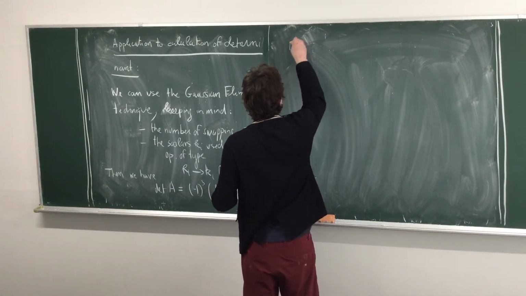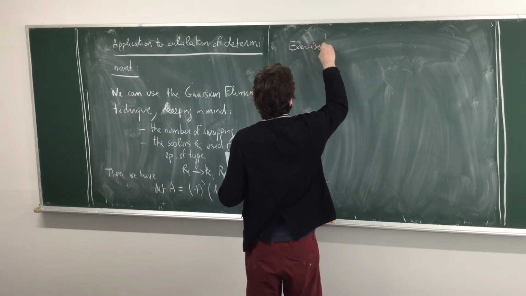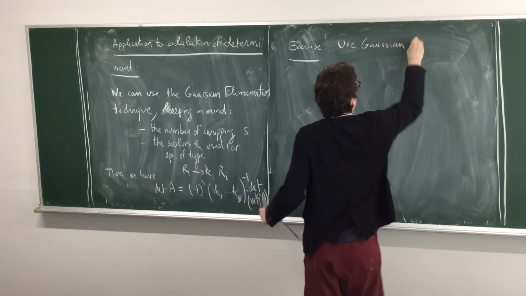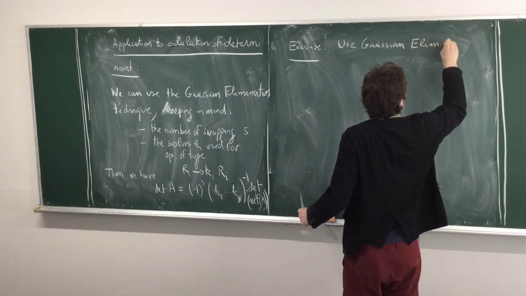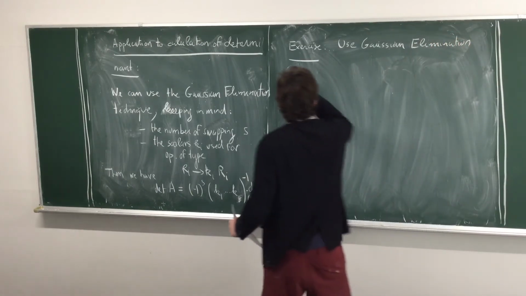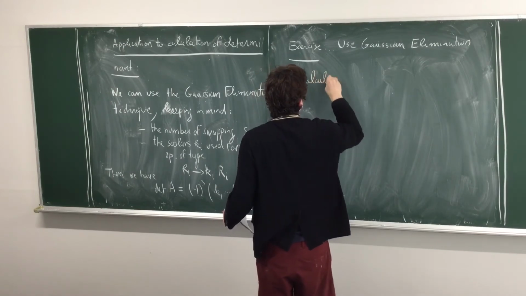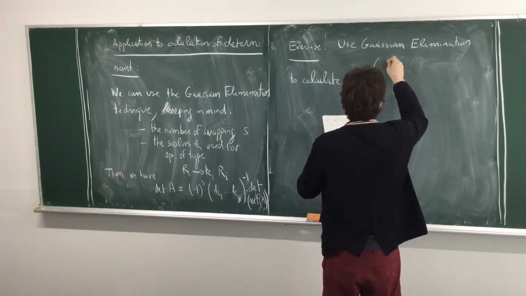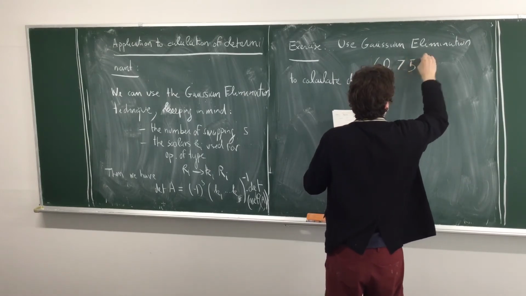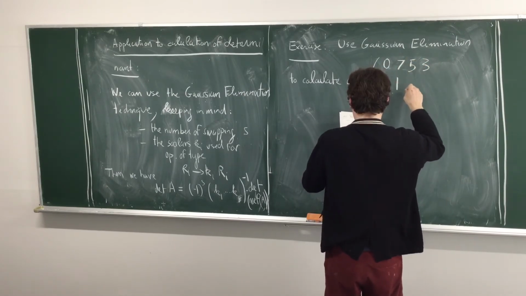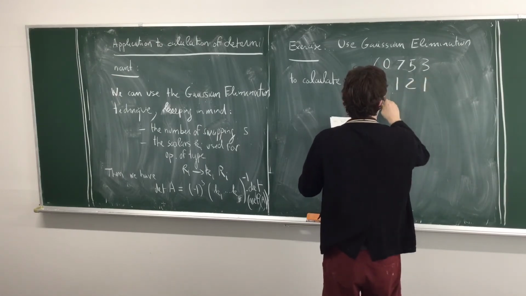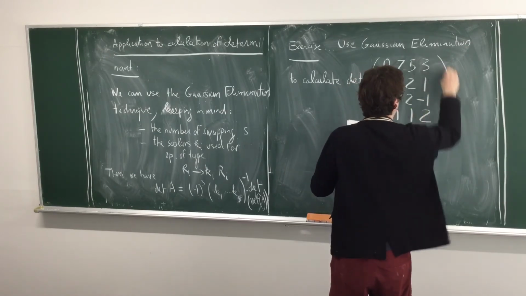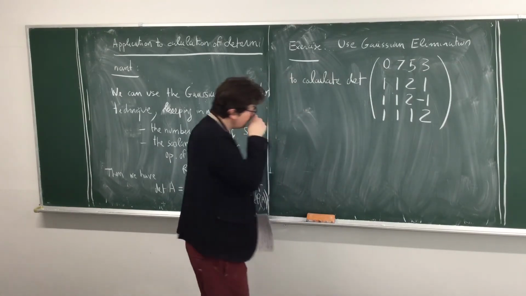Exercise: use Gaussian elimination to calculate the determinant of the following matrix: 0, 7, 5, 3, 1, 1, 2, 1, 1, 1, 2, -1, 1, 1, 1, 2. Okay, so try to do that.